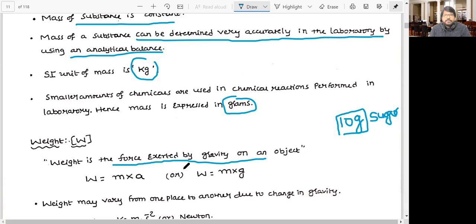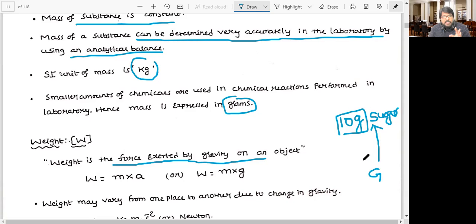Basically, weight is the force exerted by gravity on this 10 grams of sugar. What is the force exerted by gravity on this 10 grams of sugar? That is actually called weight.